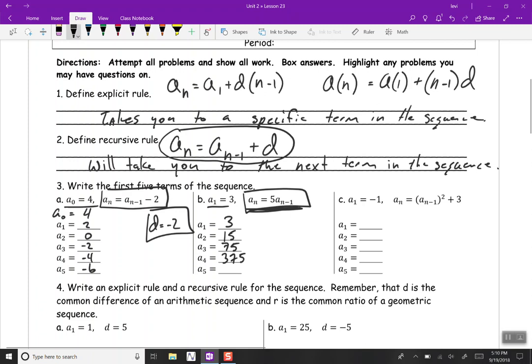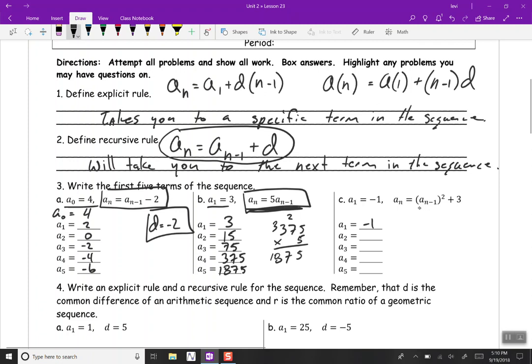There we go. And then 375 times 5 is 1875.